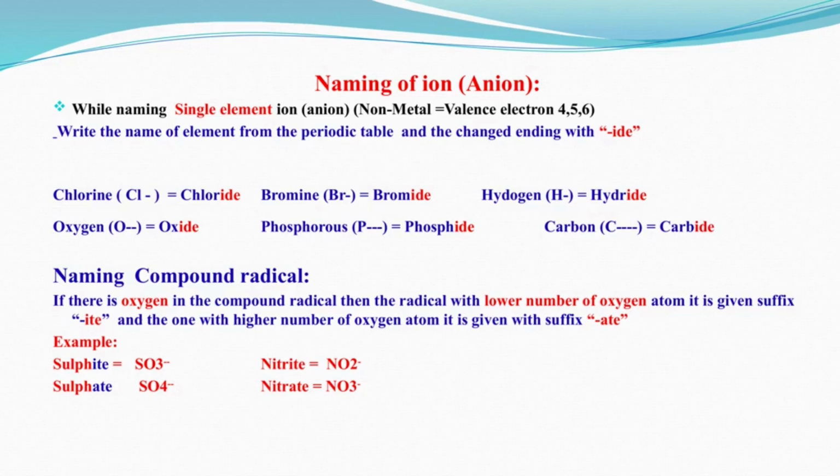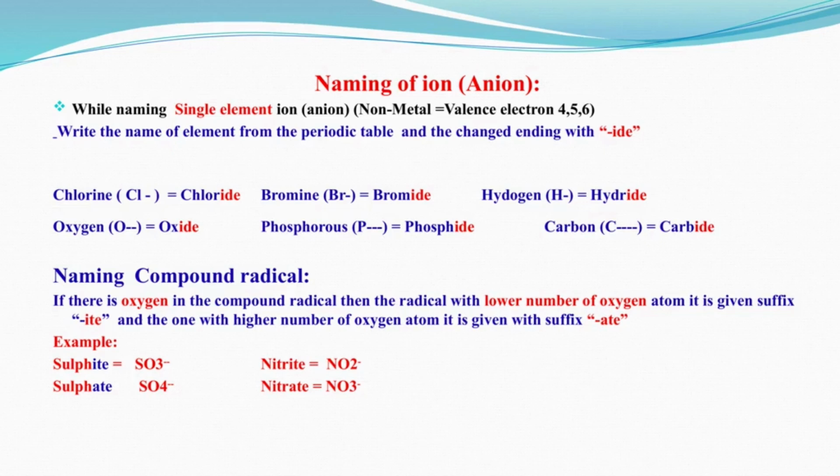If bisulfate is there, you have to understand that hydrogen is at the beginning, in front of the element. So that naming is also there. We will discuss it in the next class if possible. Otherwise, we study this much for the time being in this class 9.